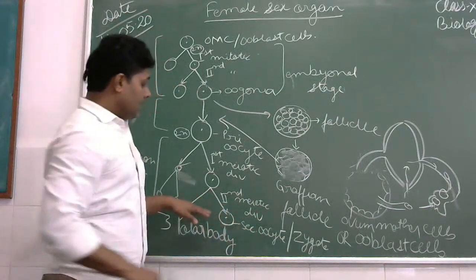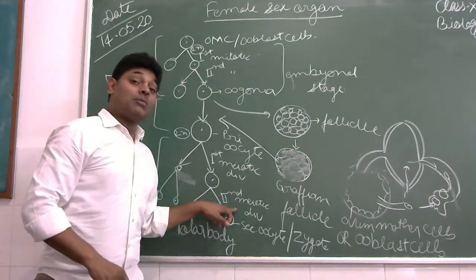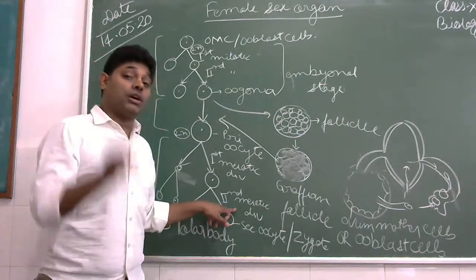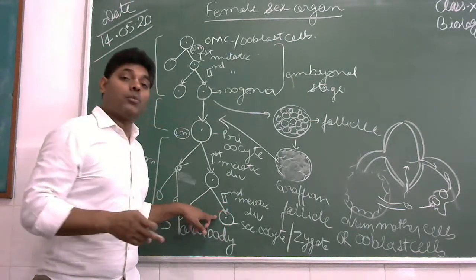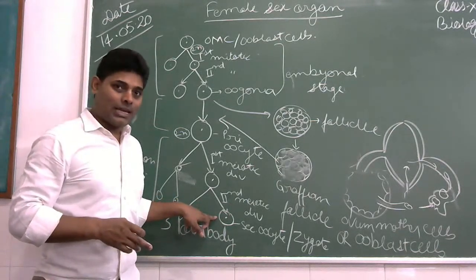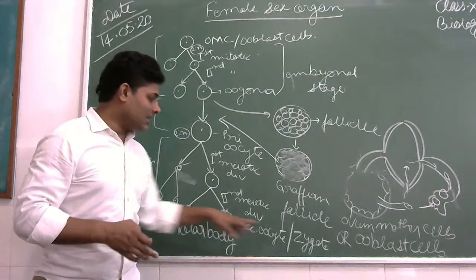So actually, the second meiotic division is not completed. Before the completion of the second division, a sperm gets attached to the secondary oocyte, and so we get the zygote directly.